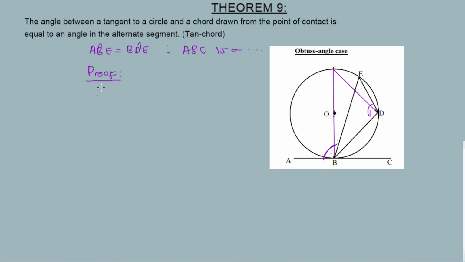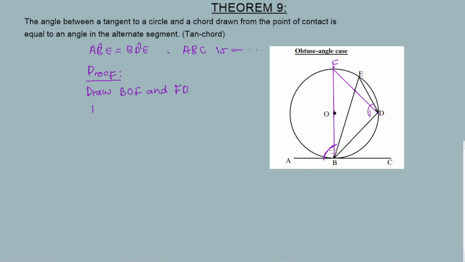Now the proof. We have drawn OB. Let's say F, draw BOF and FD.